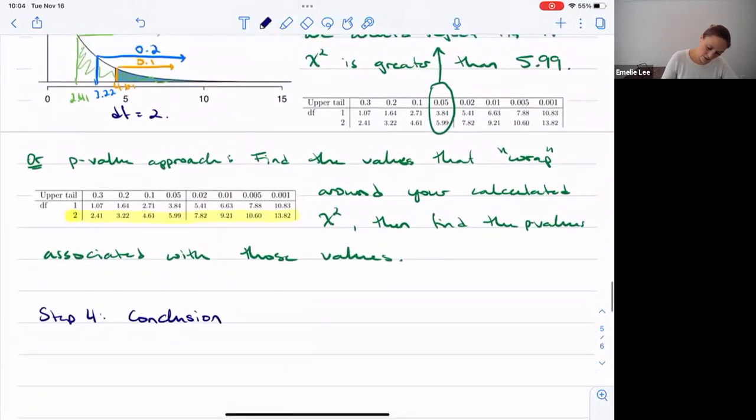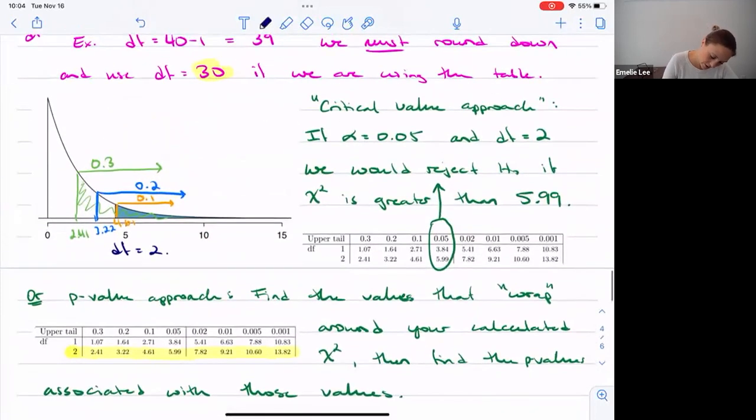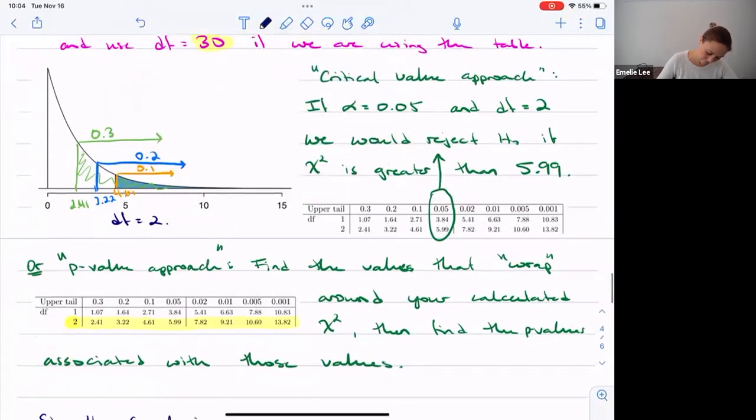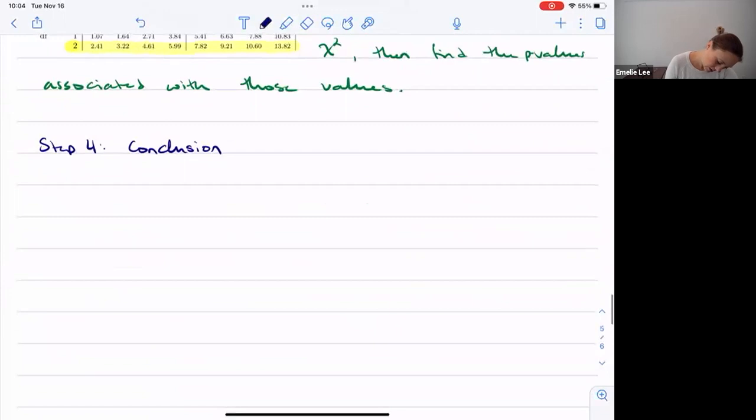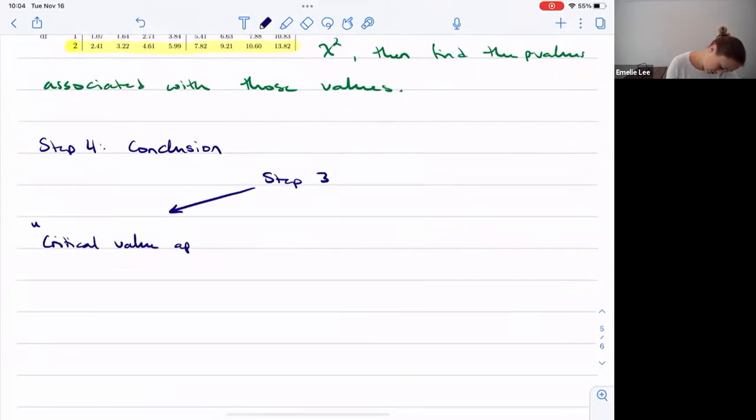So from step 3, we could either use the critical value approach or the p-value approach.